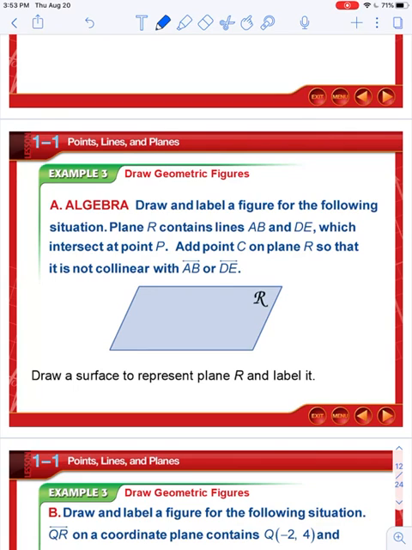Plane R, which is already drawn for us, contains lines AB, but let's wait, not draw them yet, and DE, which intersect at point P. So we have to have these two lines specifically intersecting at a point called point P. So I'm going to go ahead, point P, label it, they intersect there, and then label my lines AB, and then DE. And there's another thing, we have to add point C on plane R, so that is not collinear with the other lines. So C can be anywhere else.